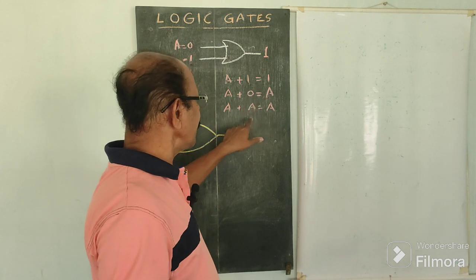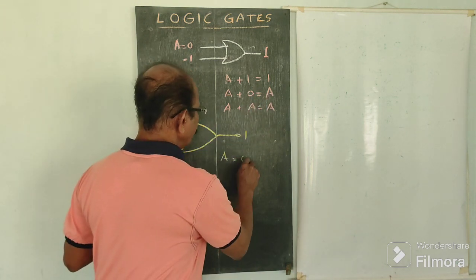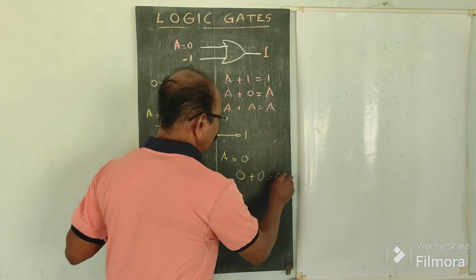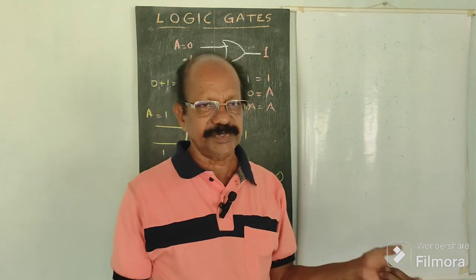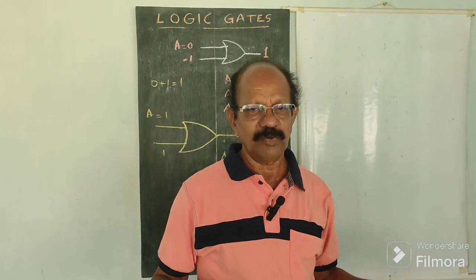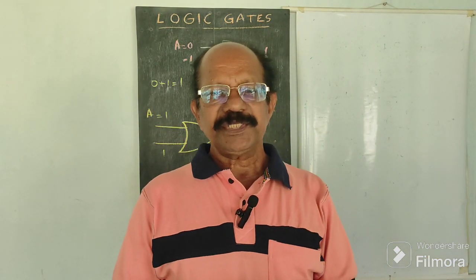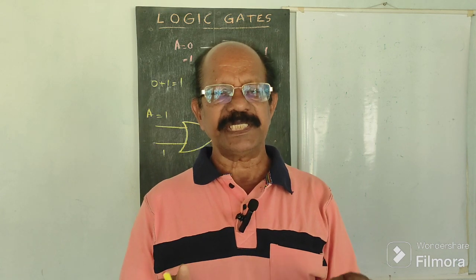That means when A is equal to 0, 0 or 0 must be equal to 0. Both are low, so the output is low. That is the meaning. The output is low, which is correct.